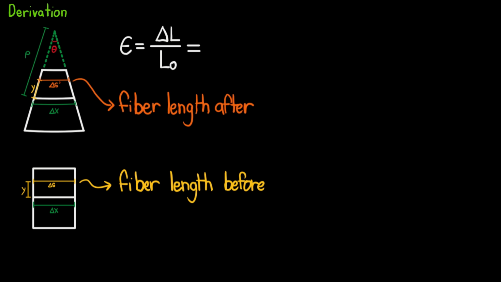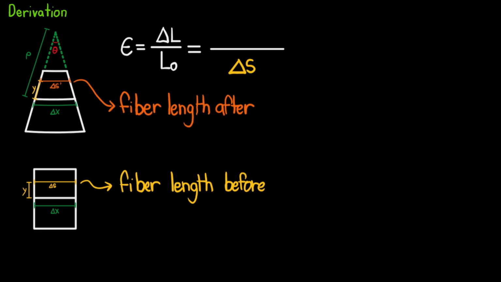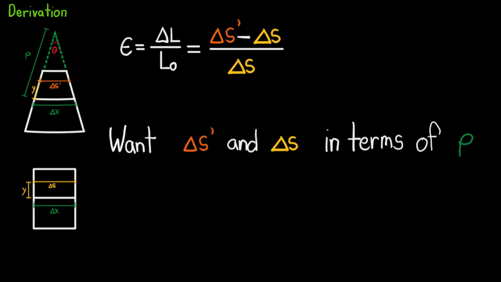So, we just substitute this into the normal strain formula. The original length is delta s, and the change in length is delta s prime minus delta s. What we need now are delta s prime and delta s in terms of rho, the radius of curvature.